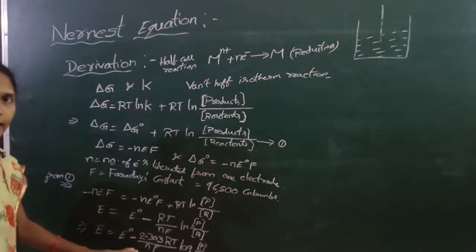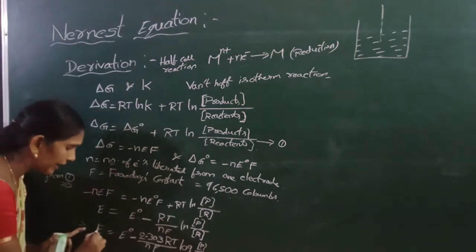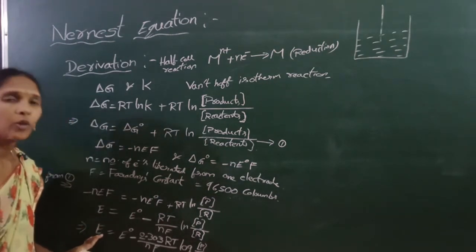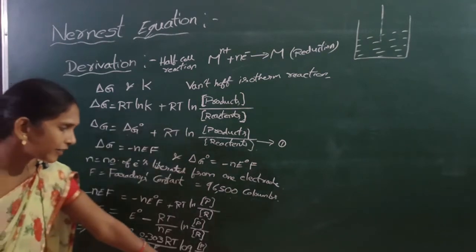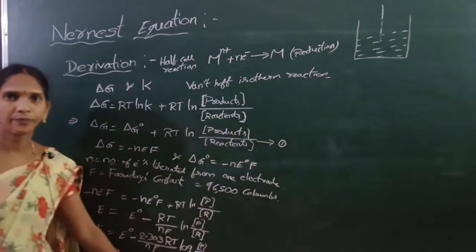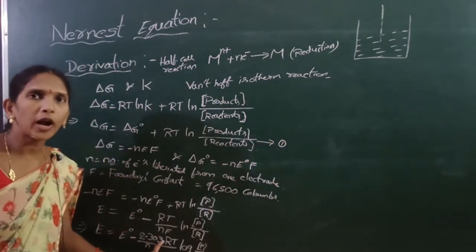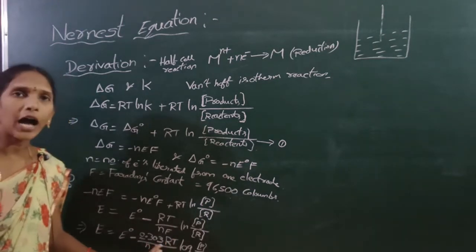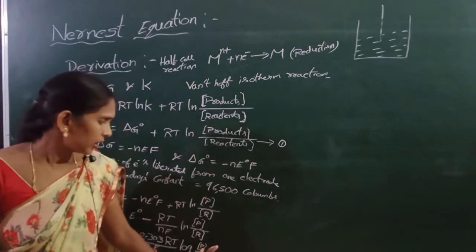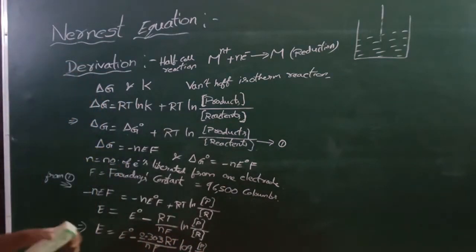This is the Nernst equation. In this equation, the electrode potential is related to the concentration of the electrolyte solution.